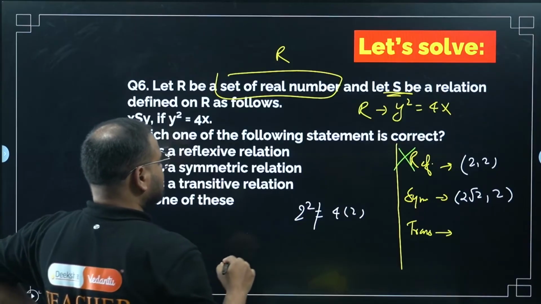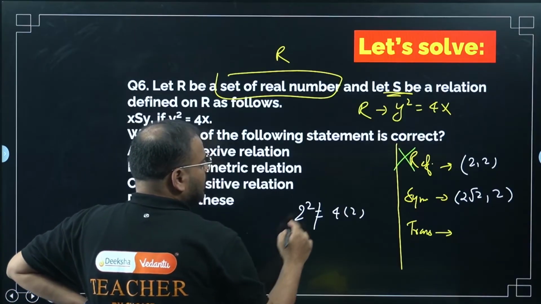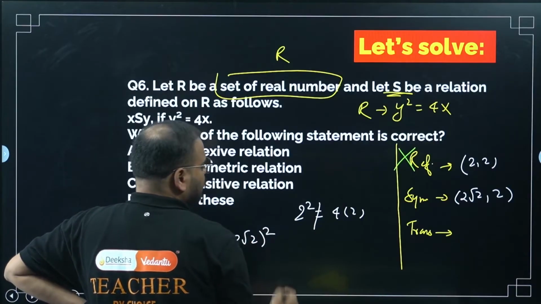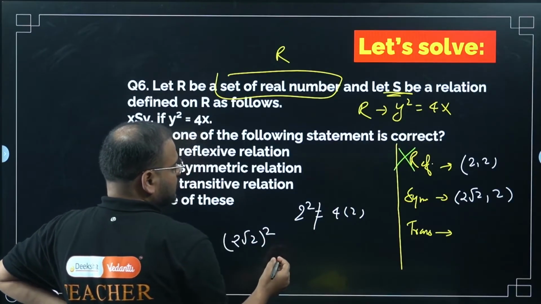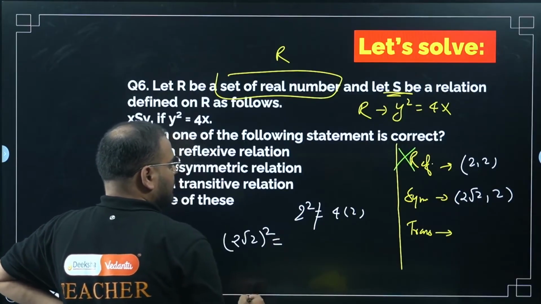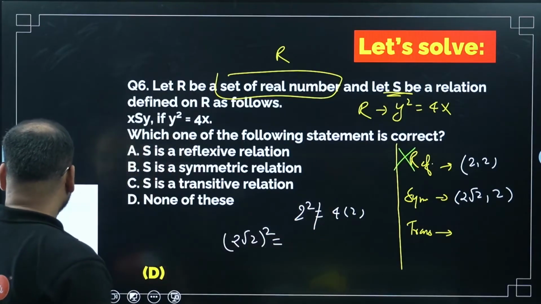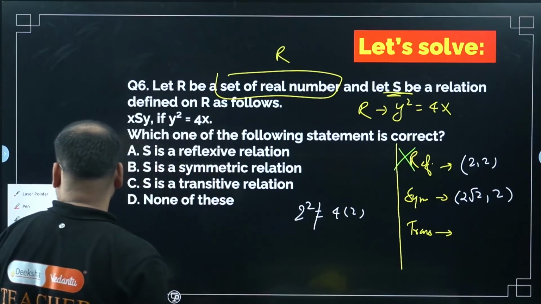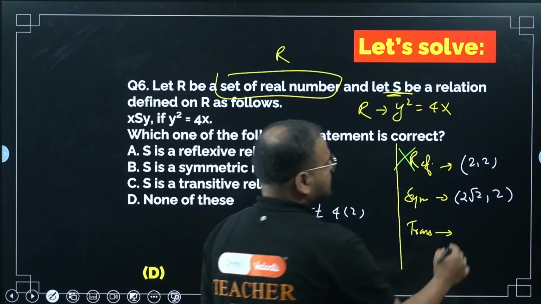If I check for this, I will have a square of 2 root 2. Let me just do it again and explain what I'm trying to do here. So this is my ARB. I hope you can see that.